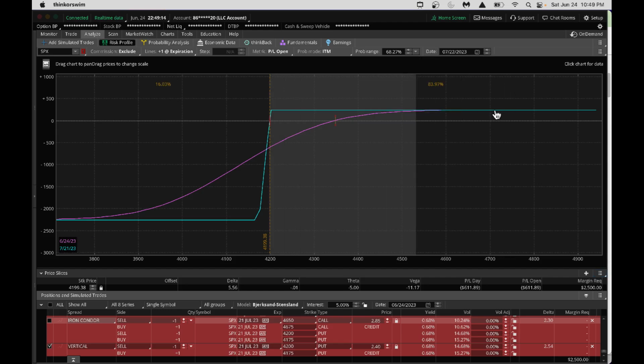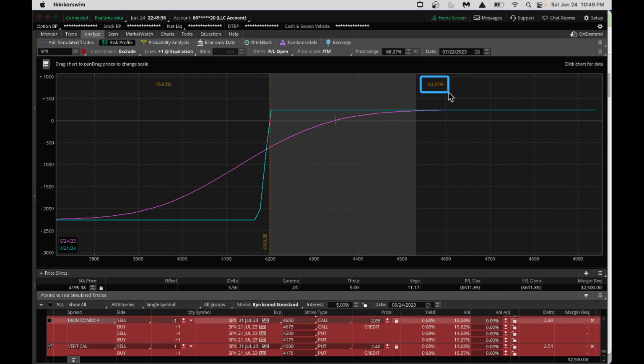There you go. Look, nice and healthy break-even percentage here. 83% is the break-even percentage. Basically we'll make money. Chance of break-even is 83.97%. That's a great percentage here.